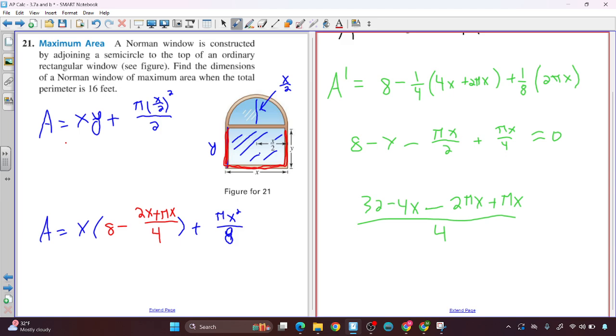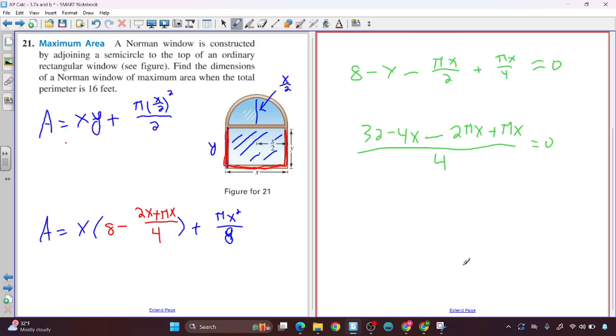That looks to be good. Okay, cool. So we want to set the top to 0. So 32 minus 4x minus pi x, actually, if you look at that, 2 pi x plus pi x, right, equals 0. So 32 equals 4x plus pi x. X can come out.